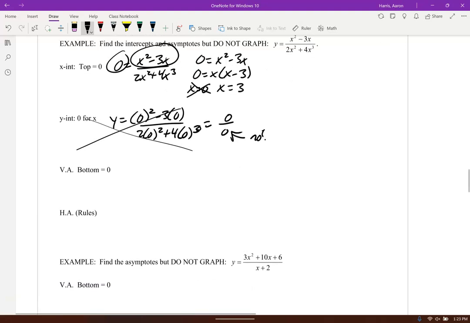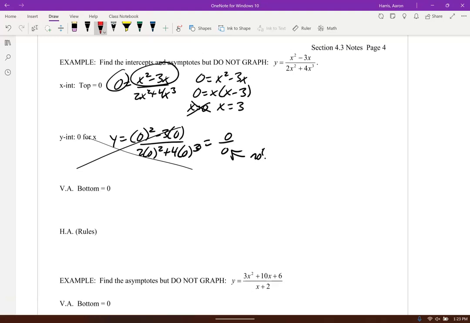And we can verify that also with our vertical asymptote. Vertical asymptote is, where is this thing undefined? Well, if my denominator is 0, I have an issue. Let's go ahead and take a 2x squared out. So I have 2x squared equals 0.